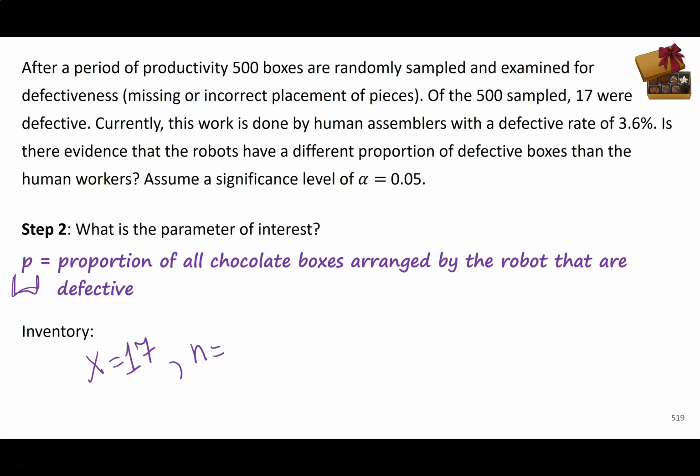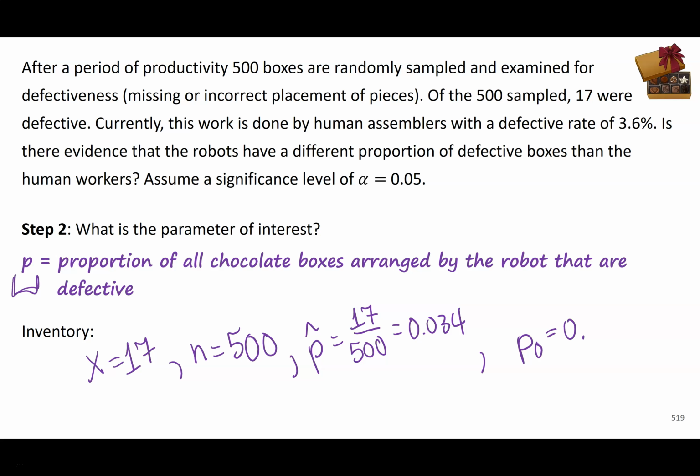I have 500 in the sample. p hat, so what I saw is 17 out of 500 are defective. That's 0.034. And then p naught. So that's that 3.6%. So I'm going to convert it over to proportion.